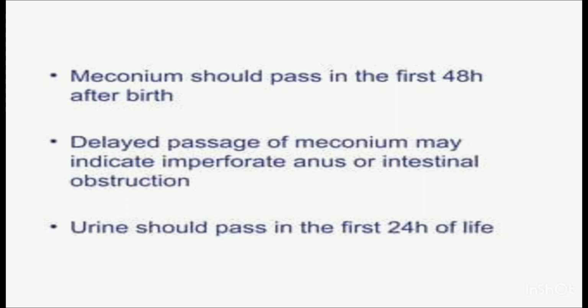Meconium should be passed in the first 48 hours after birth. Delayed passage of meconium may indicate imperforate anus or intestinal obstruction. Urine should be passed in the first 24 hours of birth.